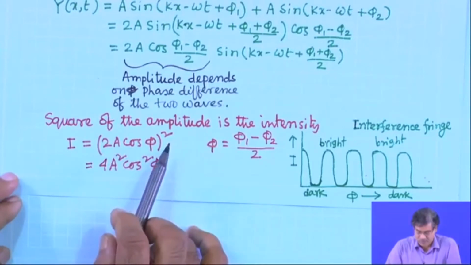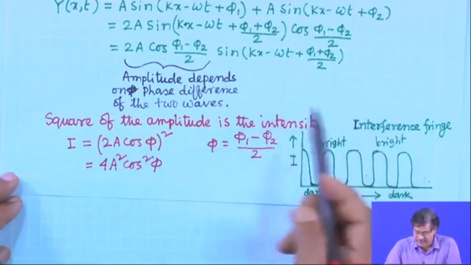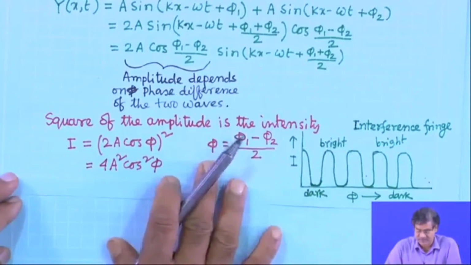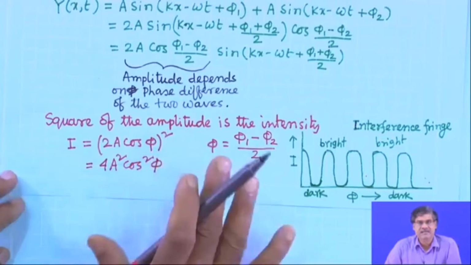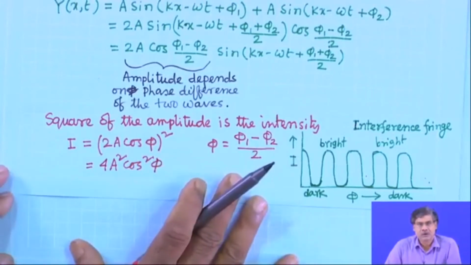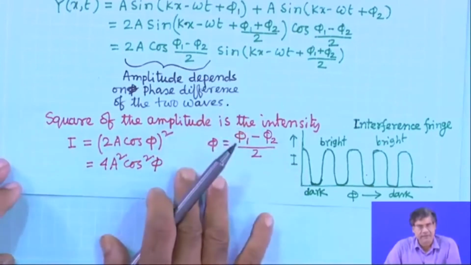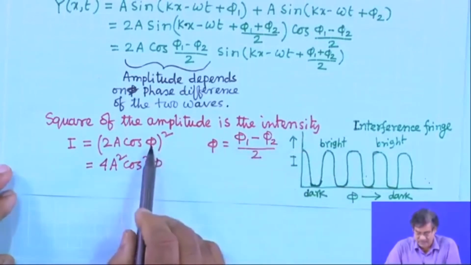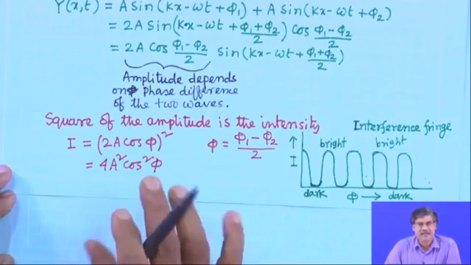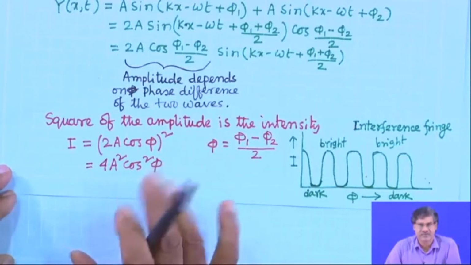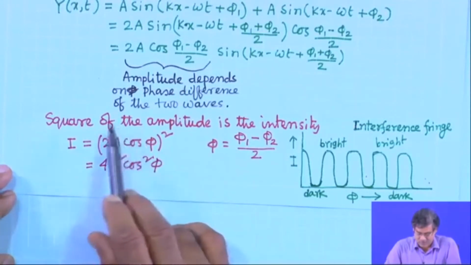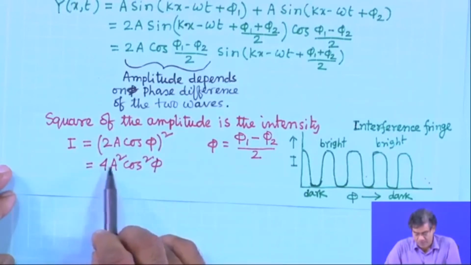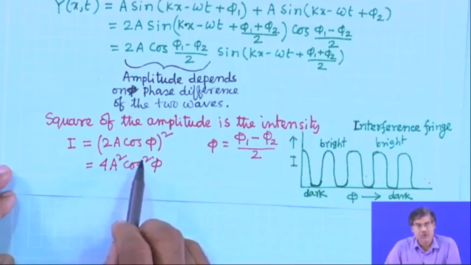Okay. So, phi is basically (phi 1 minus phi 2) by 2. Just we are considering this as phi. So, this is the phase difference between the two waves, or half of that. But in general, we have taken that as phi, the phase difference between the two waves. So, the square of this amplitude is the intensity, that is 4A square cos square phi.